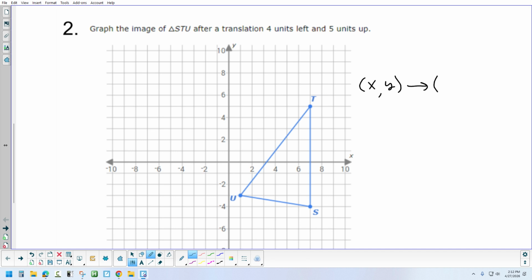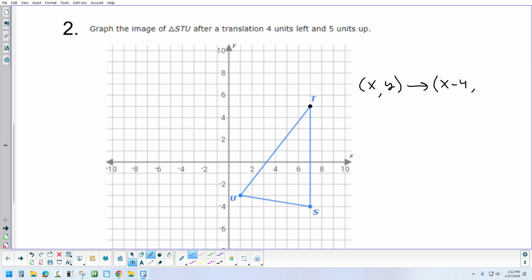If you take this point and we're going to be moving it left, what happens to the x value when you move left? It goes down. And what operation in math makes something go down? So the x values are going to go down, and how many? 4.